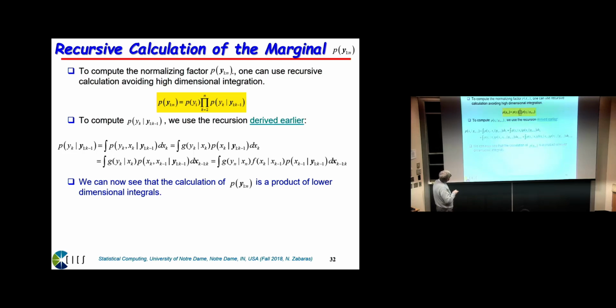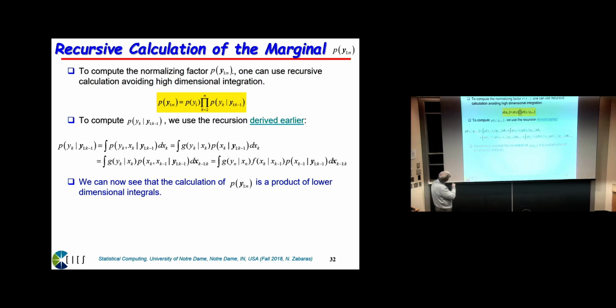So, now my brain went to the right place. This is what we used before, but if I return to this equation here, you notice this equation involves the marginals of y_k given all the previous observations. So those distributions look like this, and even though they're high dimensional, they depend on all of the previous y's.